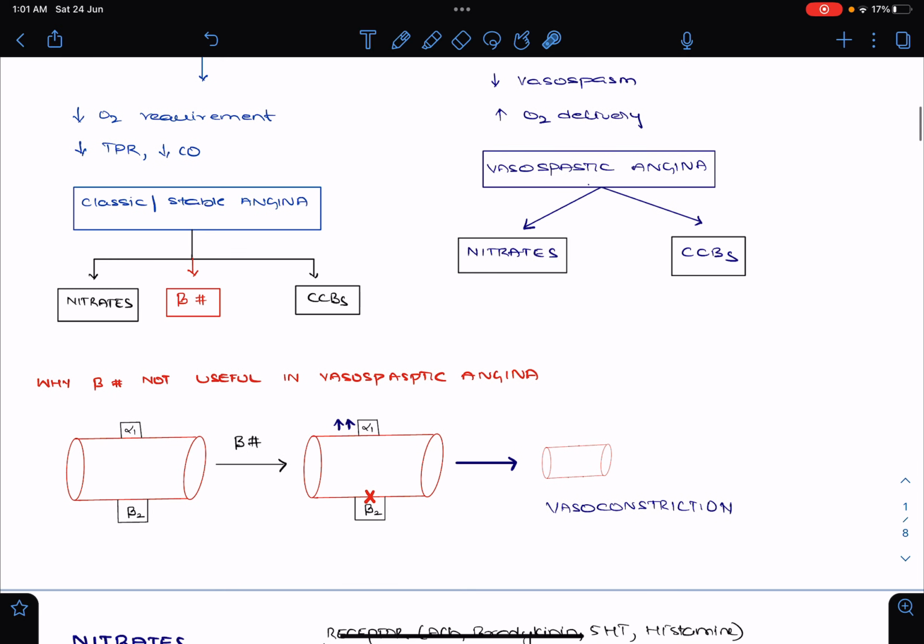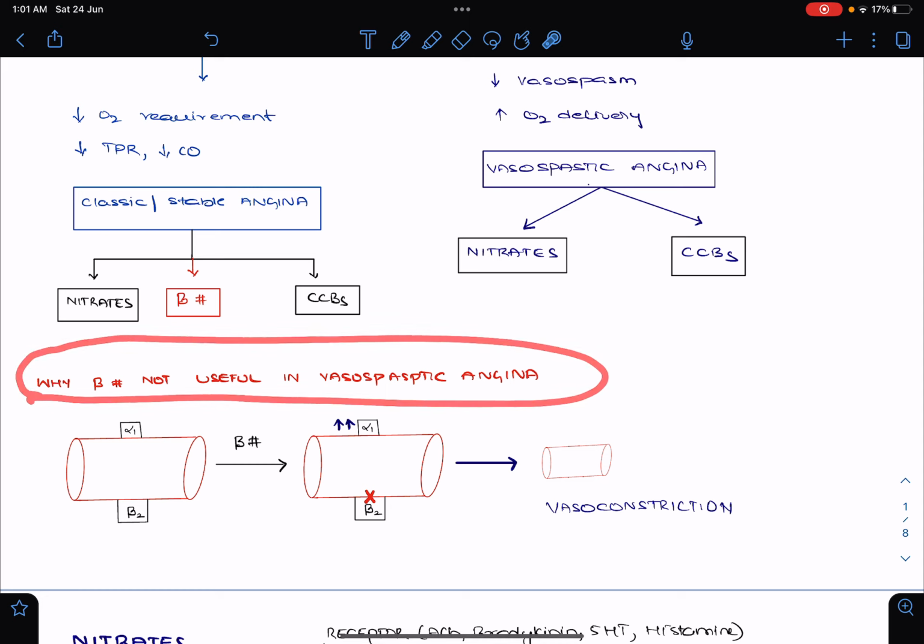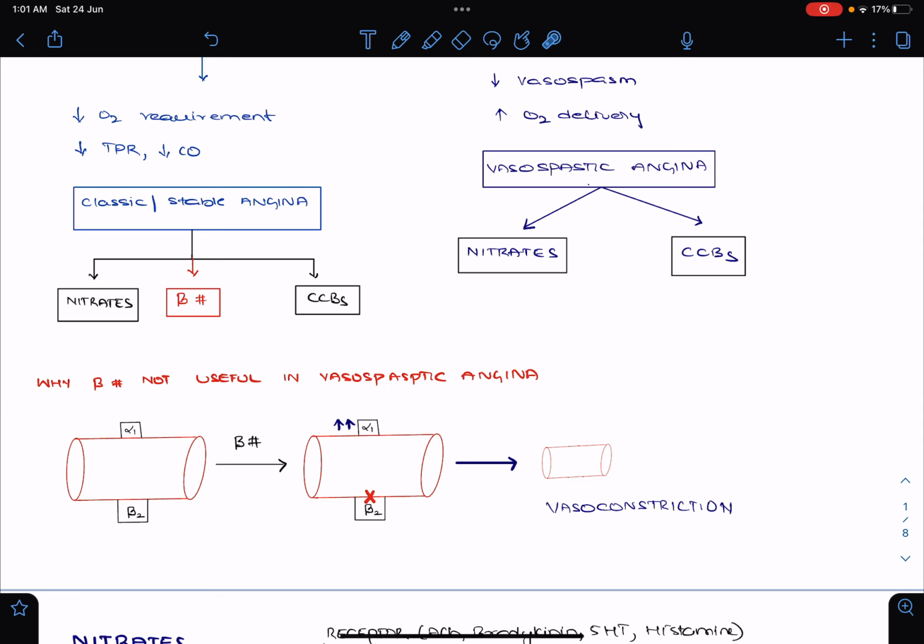Why are beta blockers not useful, or why are beta blockers contraindicated, in vasospastic angina? As you can see, a coronary blood vessel will have both alpha 1 receptors as well as beta 2 receptors. When you give a beta blocker, what will happen to this beta 2 receptor? It will be blocked. What is the function of beta 2 receptor activation?